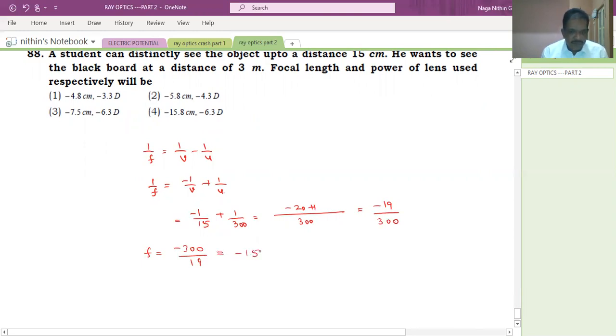So minus 15.8 centimeter. Power is equal to 100 by focal length, if F is in centimeter, 100 by 15.8. So if you calculate, minus 6.33 diopter. So this is the answer for it.